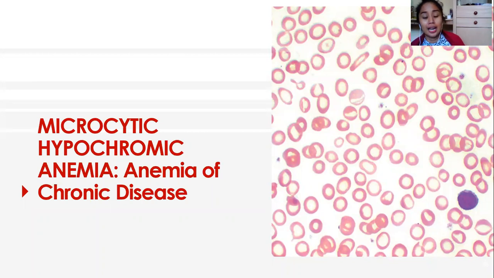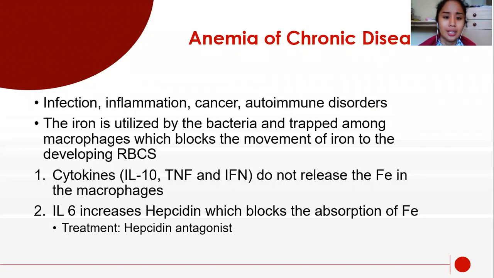Next class, quickly, we have anemia of chronic disease. Apparently, class, you can get anemia if you have chronic inflammation, like cancer, tuberculosis, and autoimmune disorders. Why? Because in cases of this anemia, lots of cytokines are produced.